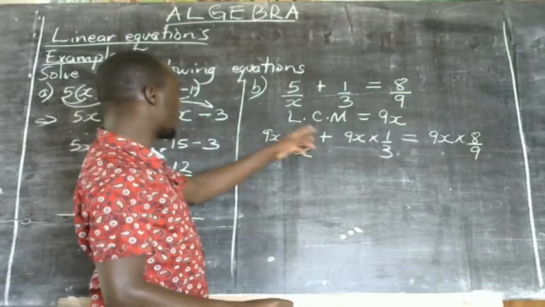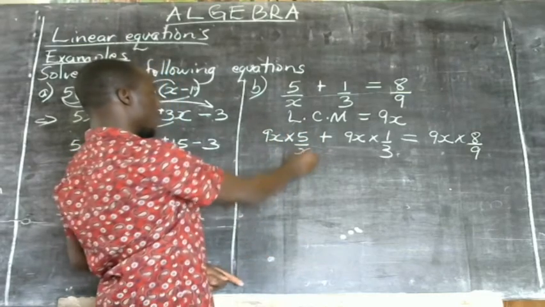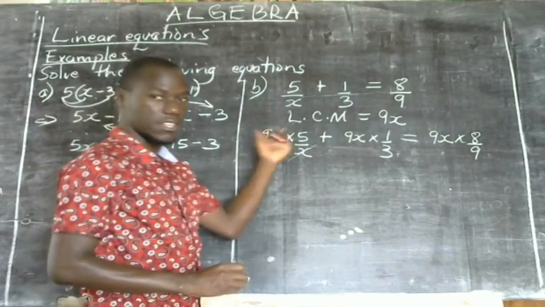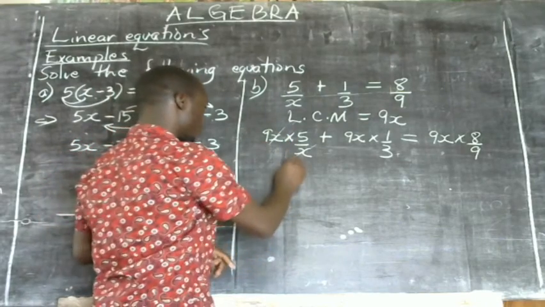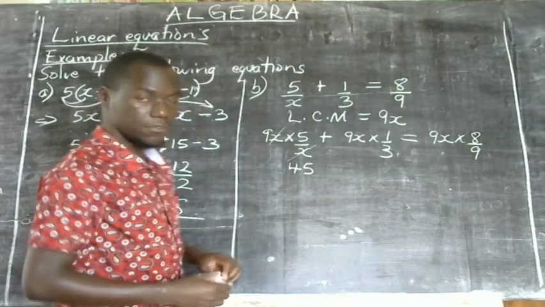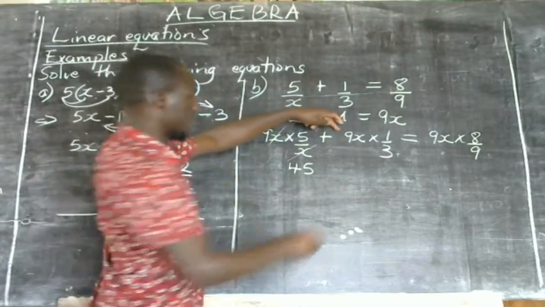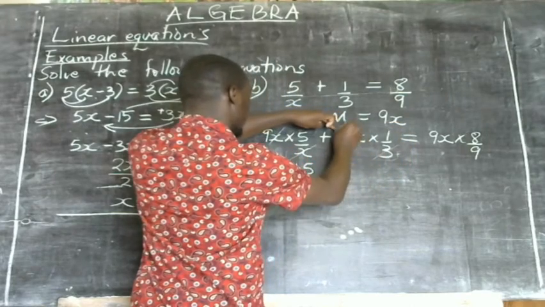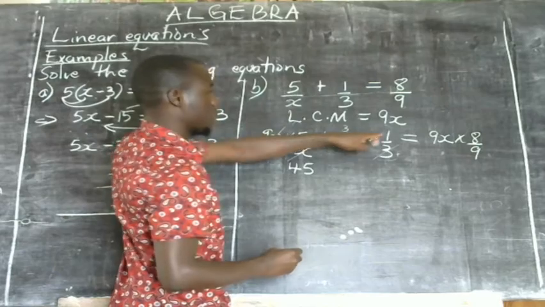So when I complete this one here, you can see that the x is going to cancel out. Then we shall be left with 9 times 5. So that one gives us 45. Then this one, when I simplify this one here, the 3 reduces 9 to a 3. So 3 times x times 1.